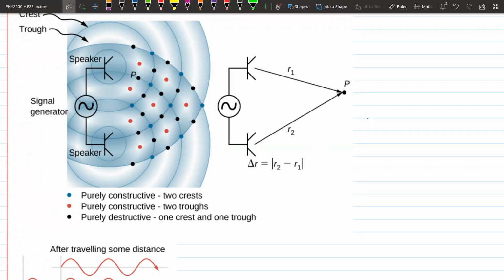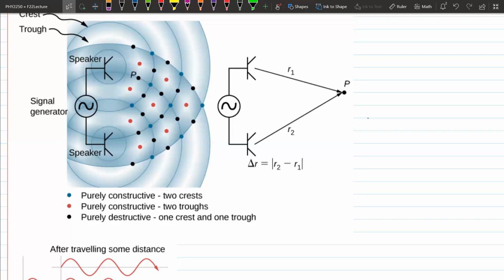But you can see that sometimes the crest of this speaker's wave lines up with the crest of the second speaker's wave, right? So remember when the crests line up with each other, you get constructive interference, right? When the crests line up with the troughs, that's when you have destructive interference, right? So these blue points here show you where the blue lines, which are the crests from both waves, line up with each other.